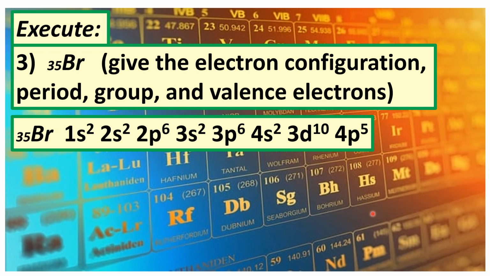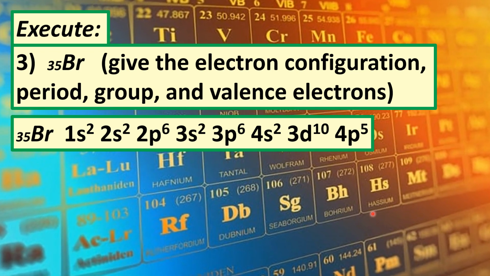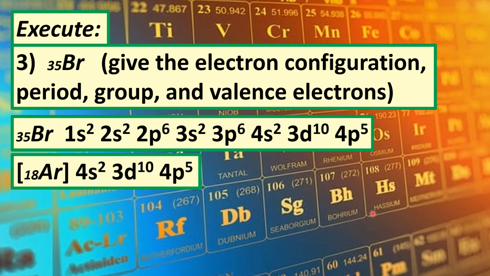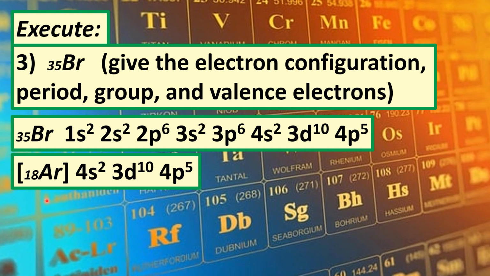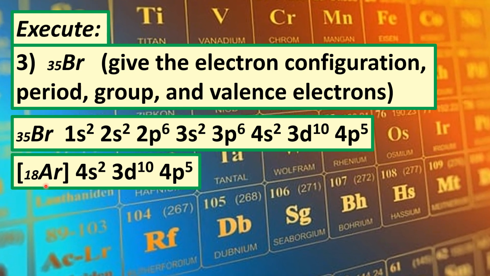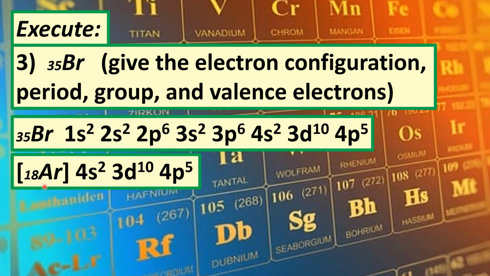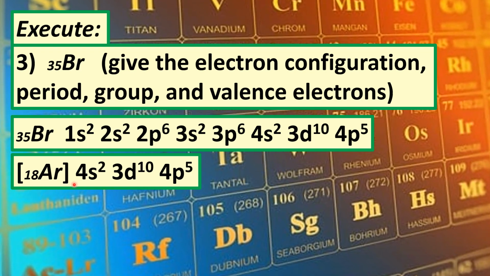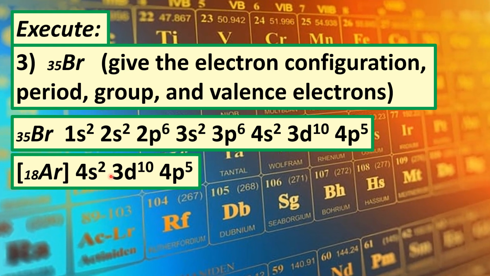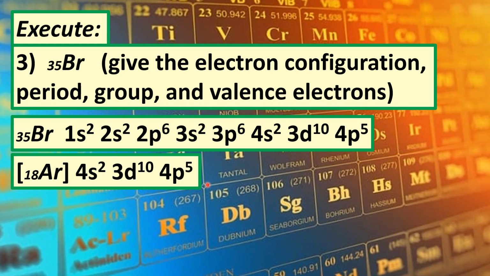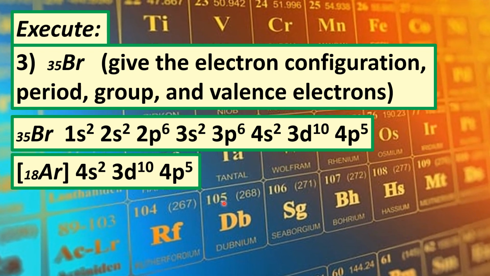This can also be written in a shortcut manner using the noble gas notation. The inner electrons of bromine, 18 electrons that is, can be represented by the noble gas argon. So we just include here the outermost configuration, which is 4s2, 3d10, 4p5.